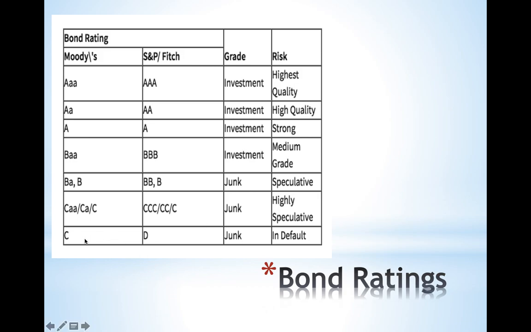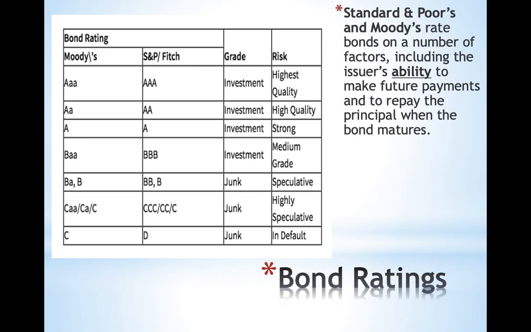Whereas something like a C rank junk bond, like these CAA bonds, these are what Netflix is selling. If you are purchasing these types of bonds, you're potentially going to get a lot of money at the end, but that company might not even be there by the time it's time to pay you back. So that's the risk and reward.